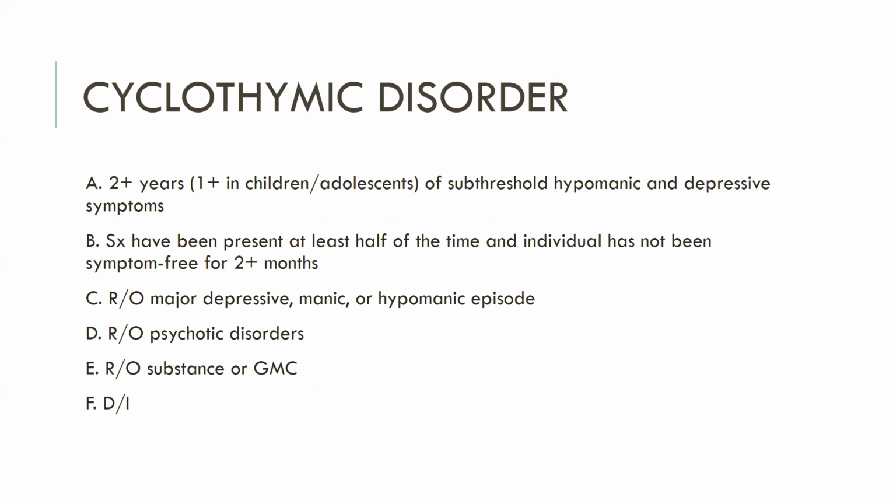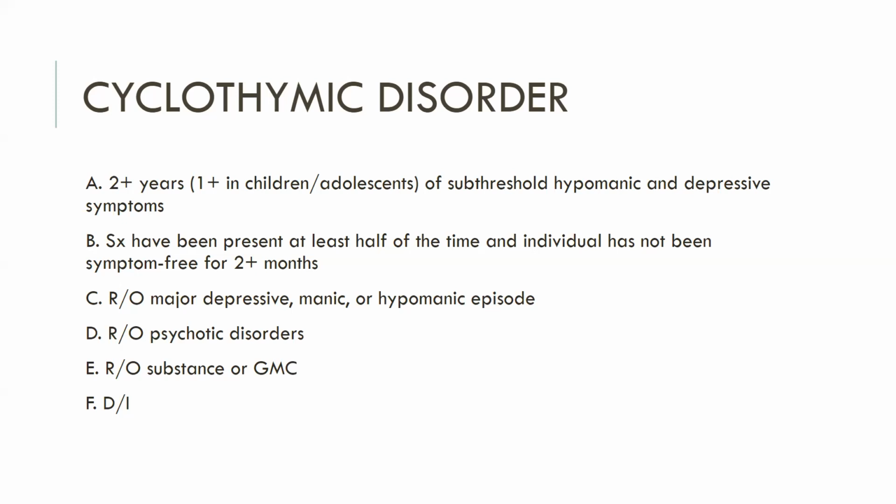Cyclothymic disorder, or cyclothymia, is basically the bipolar version of dysthymia. And like dysthymia, it is a milder but more chronic version of the bipolar disorders. So here we're looking for, again, 2 years worth of symptoms for an adult, 1 year worth of symptoms for a child or teenager. We don't have a specific list of symptoms here, though.